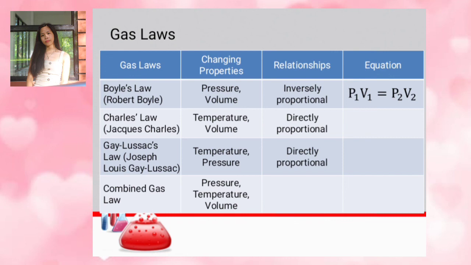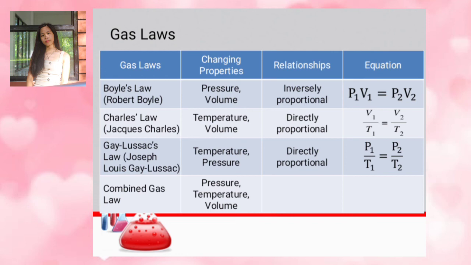The relationship is directly proportional. The equation is V1 over T1 equals V2 over T2. Gay-Lussac's law: the changing properties are temperature and pressure. The relationship is directly proportional. The equation is P1 over T1 equals P2 over T2.